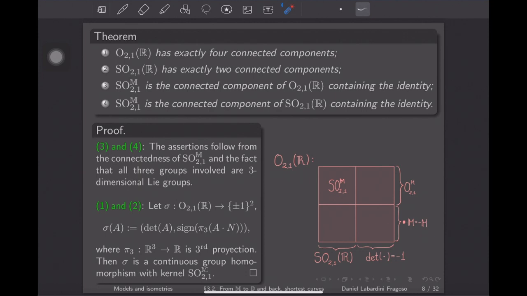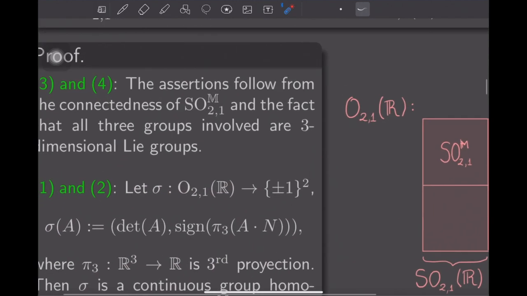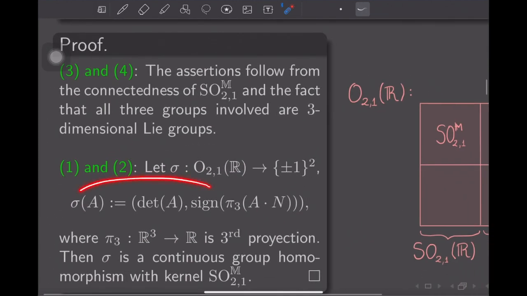The second thing is to separate according to whether they preserve the upper sheet or not. So you consider the sign of the third entry of the image of (0,0,1) to see whether it's negative or not. And that's how you separate. These really define continuous functions. That's the point.